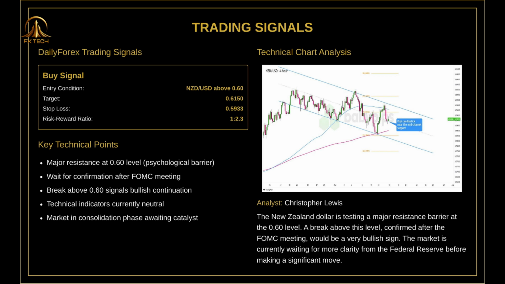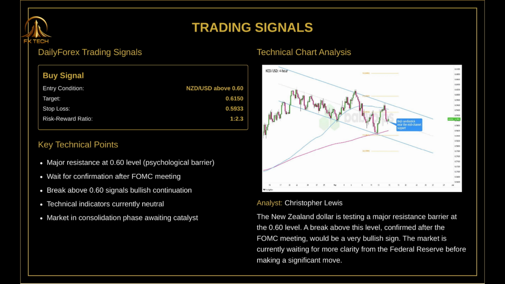The key technical points supporting this analysis center around the 0.60 level, which represents a major psychological resistance barrier. This round number has capped upside attempts multiple times, and a confirmed break above it would signal a significant shift in market sentiment. However, it's important to note that this signal comes with a caveat.